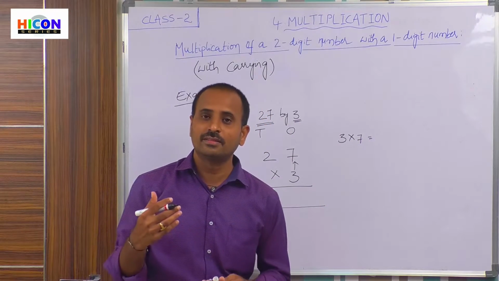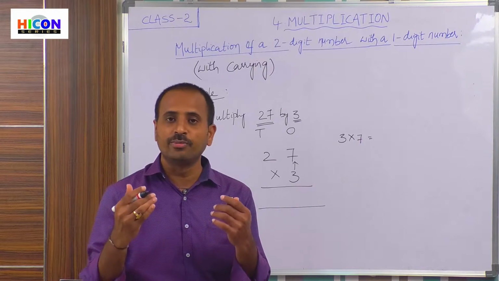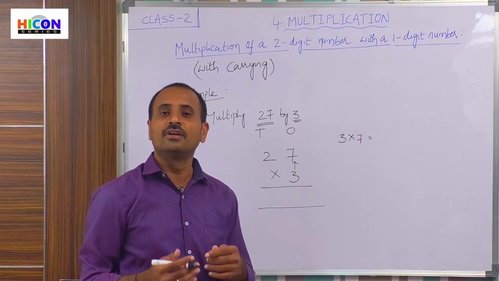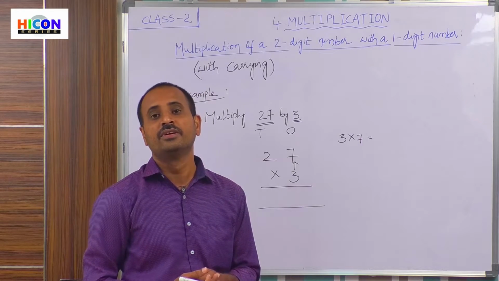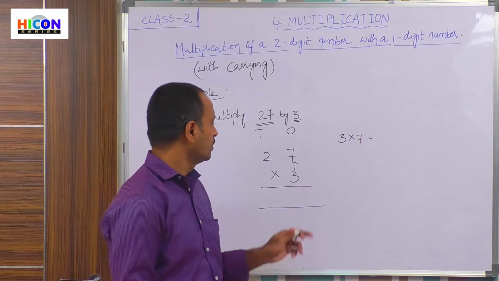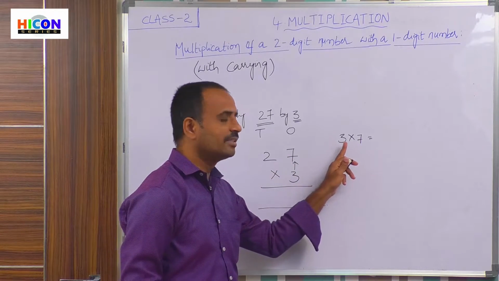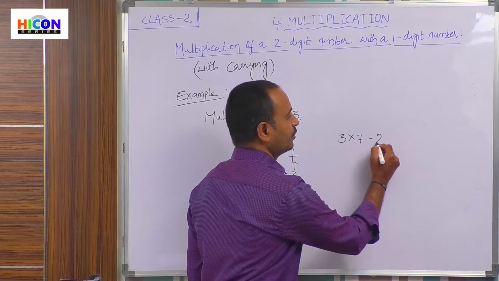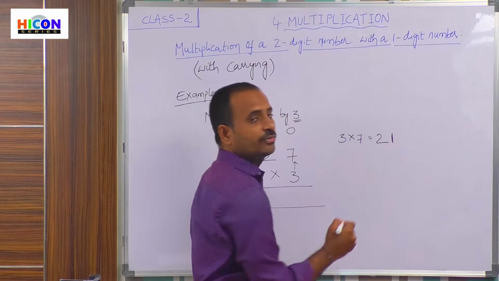You should know the table of 3 for doing this multiplication. So first learn the multiplication tables thoroughly, children, that is the table of 2, table of 3, table of 4. Now 3 into 7, that is 3 7s are how much? 3 7s are 21.